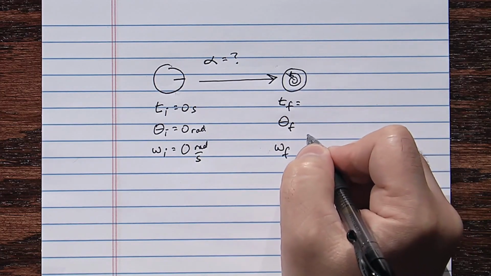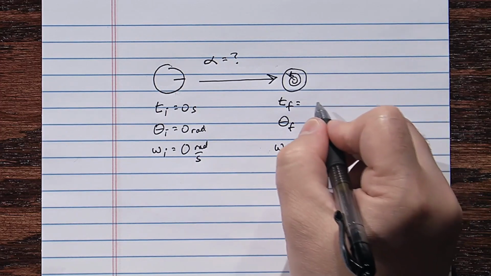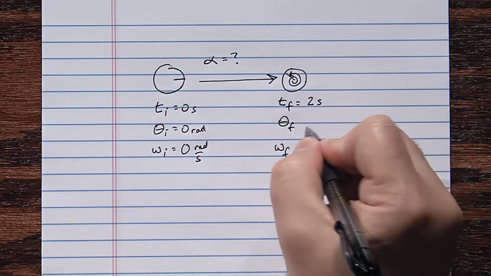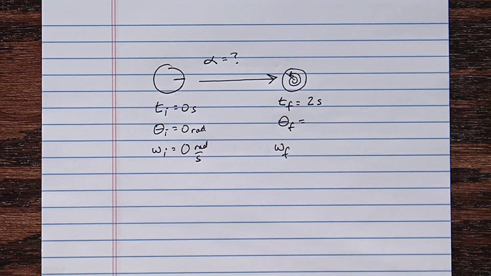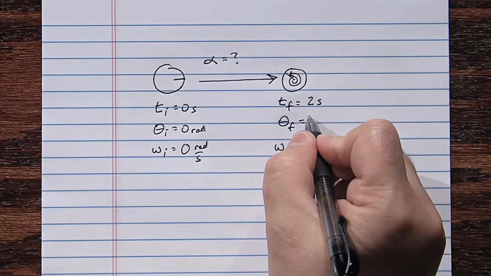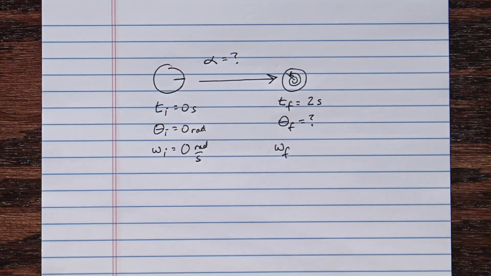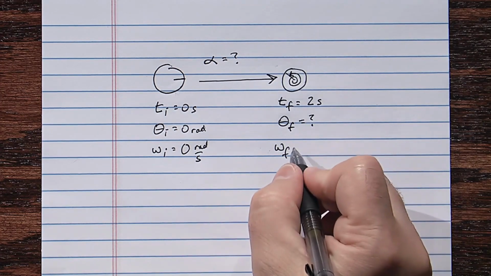The final time, we're told, is 2 seconds. The final angle is what we're looking for. The question asked for how many revolutions the turntable makes during this time interval. Revolutions is an angle. One revolution is 2 pi radians, so when it asks for revolutions, it's asking for an angle. So theta final is what we're being asked about. What is the final number of revolutions, or what is the final angle?